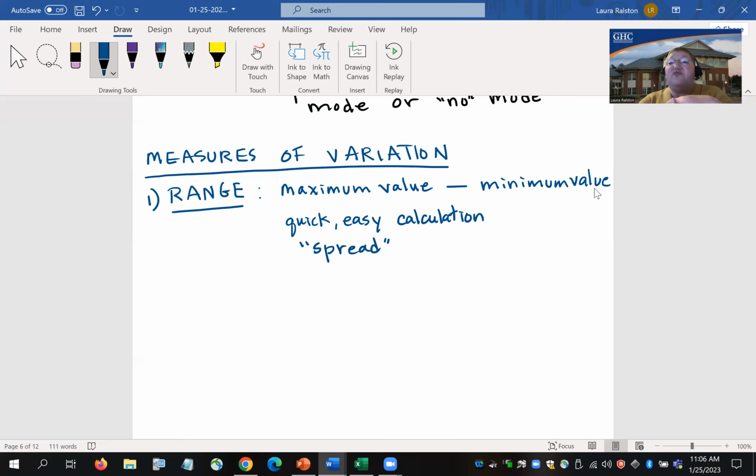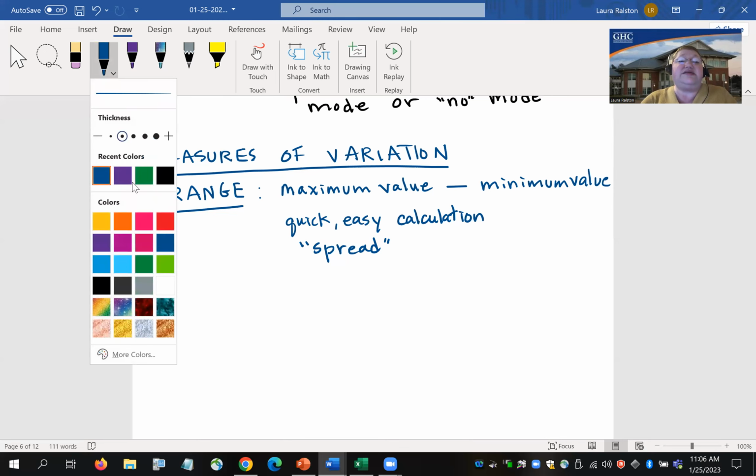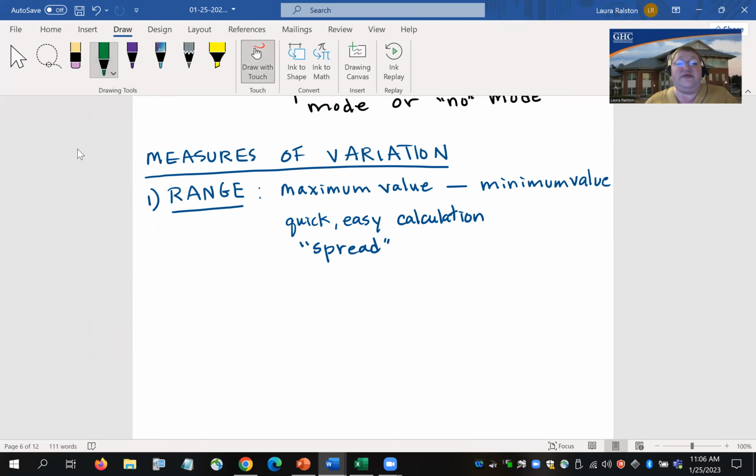But if I have a range of 50, then that would seem to imply that I have a lot of variation within the data set. So it's a very quick and easy calculation. Minitab will do that for us as well. There's not a fancy symbol.